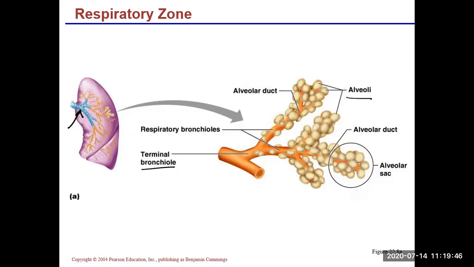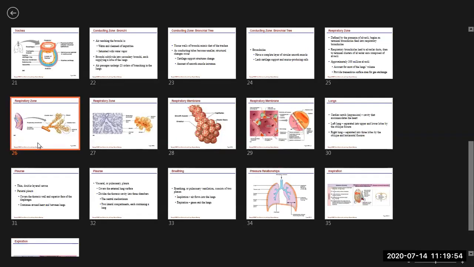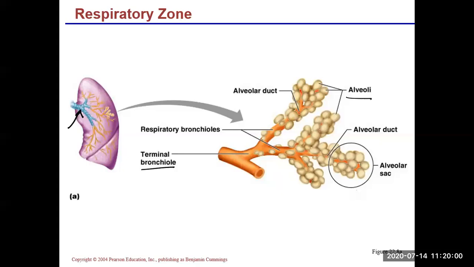Now, these bronchioles can actually constrict and dilate. Same principle as we discussed with the blood vessels. Constriction is going to reduce the airflow. Dilation is going to increase the airflow.